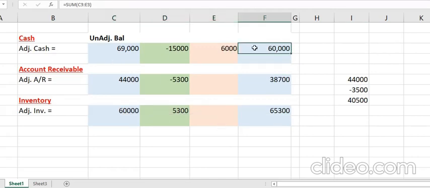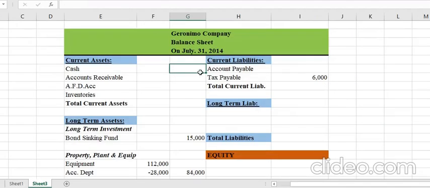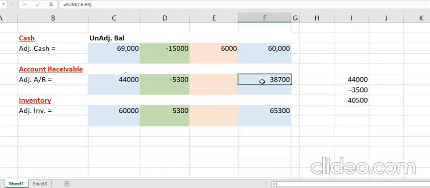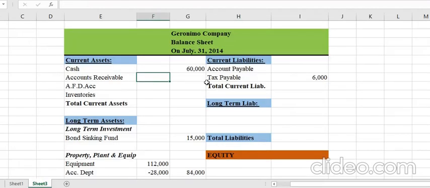So my adjusted cash balance is 60,000. I will shift this $60,000 to the balance sheet. Then what is the value of my account receivable? The adjusted value is 38,700. Previously it was 44, but now it is 38,700. I will shift it.